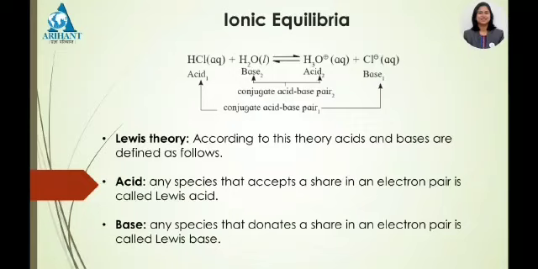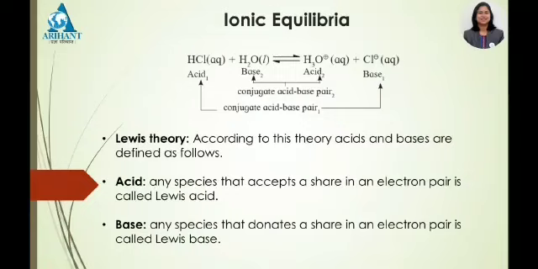Similarly, now when HCl gives away the proton, that proton must be accepted by the other. Somebody should be there to accept that proton. So H2O is the base. So base 2 gives you H3O plus ions. So this is an acid.